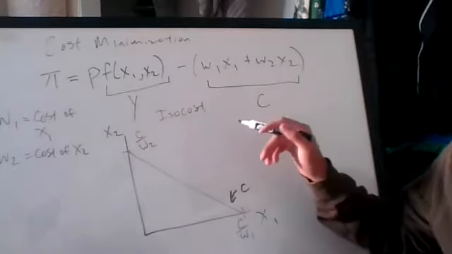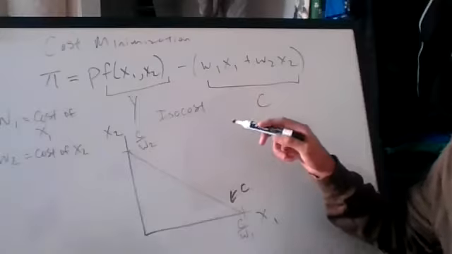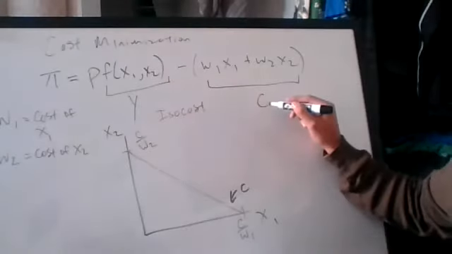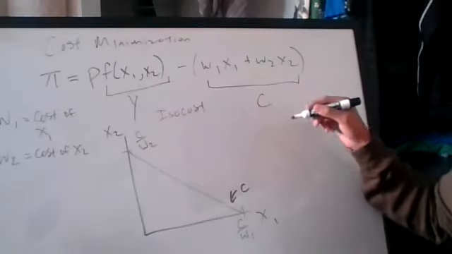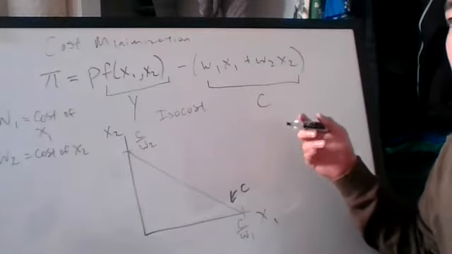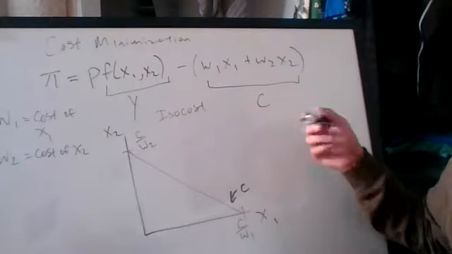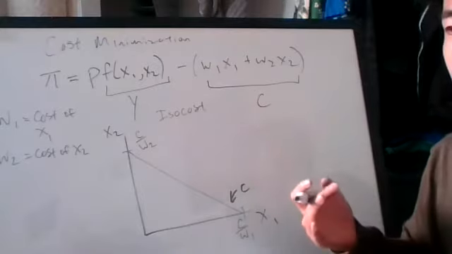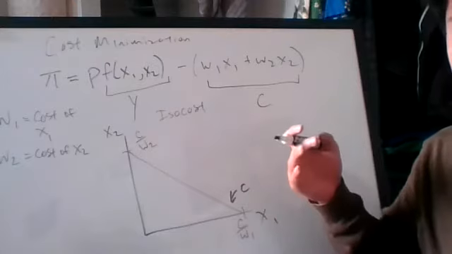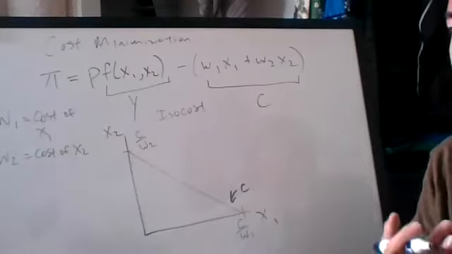The one difference though is that the isocost, right, is not unique to a single level of C, right? Because if you think about it, M in the case of the budget constraint was fixed because we can't just have increasing levels of income, right? Because that's not realistic.